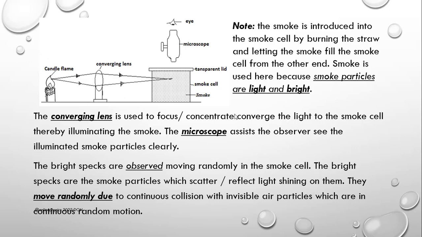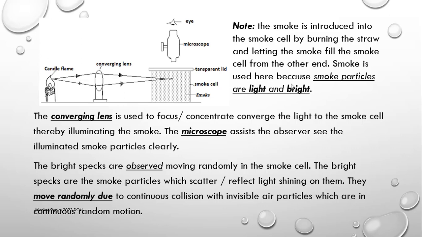So we should note the reason why smoke particles are used. That is also commonly tested. Somebody can ask you to explain the reason why the following are used. One, they'll ask you to give the reason why smoke particles are used. So you can see they are light and bright. Then we can talk about the converging lens.